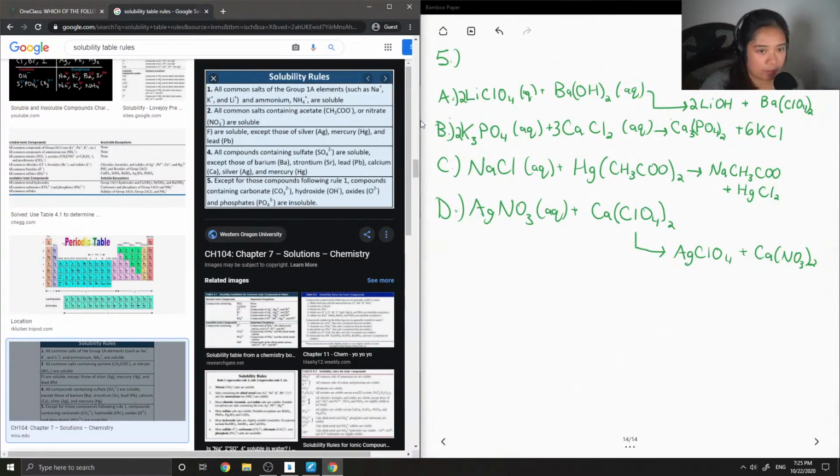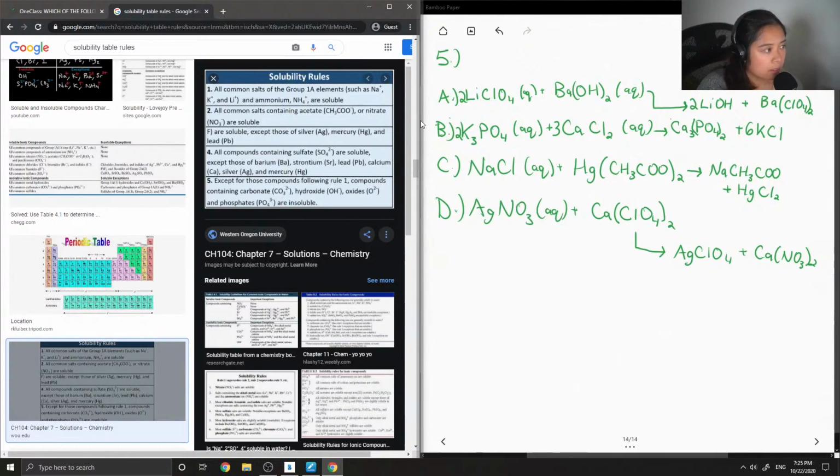So let's look at the first one. Since we have a lithium and we have barium hydroxide, so hydroxides are all soluble. So part A is soluble.